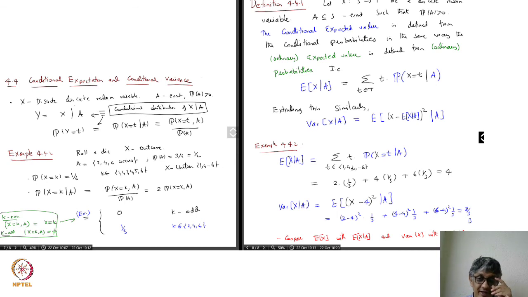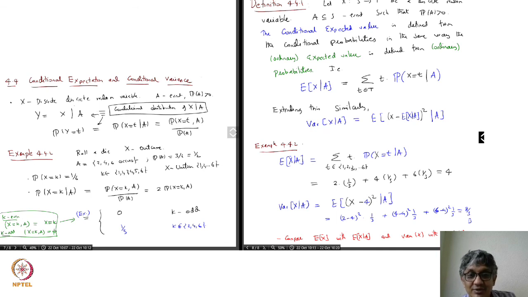The conditional variance is again the same thing: you take the conditional mean, subtract it, and see how it differs under the conditional probability. So the conditional mean of the uniform given the event A is 4. But the original mean we also know: E of x is 1 plus 2 plus 3 plus 4 plus 5 plus 6, divided by 6, which is just 3.5.